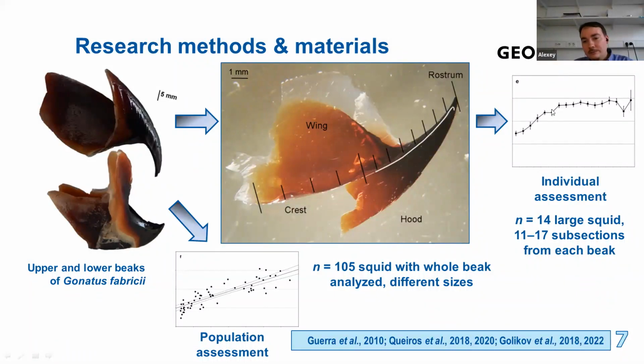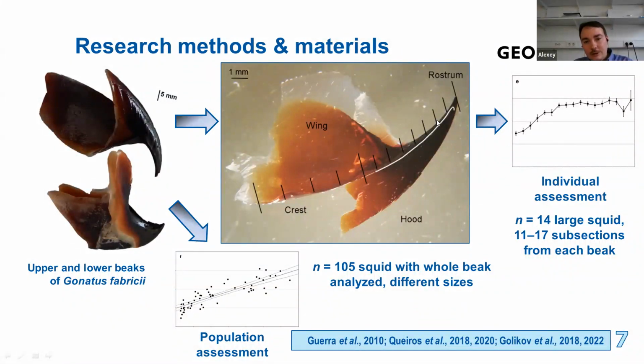Where has it been more or less living during all its life? So we apply two different approaches to beaks in such a case. We had more than 100 beaks of different sizes to assess the population. And we had 4 large beaks to assess individuals, each with 11 to 17 subsections.